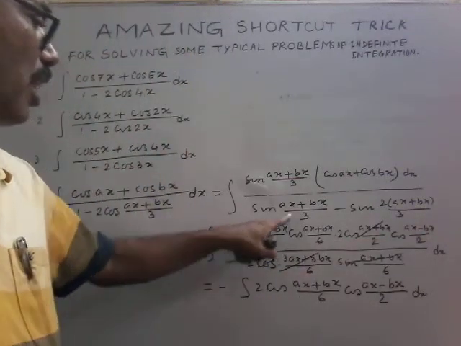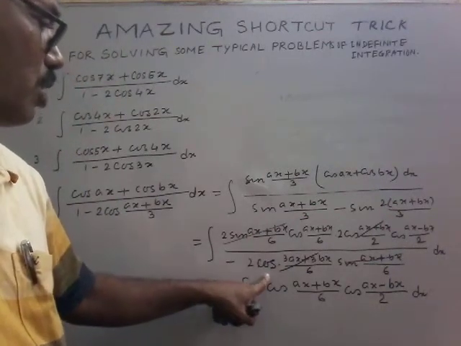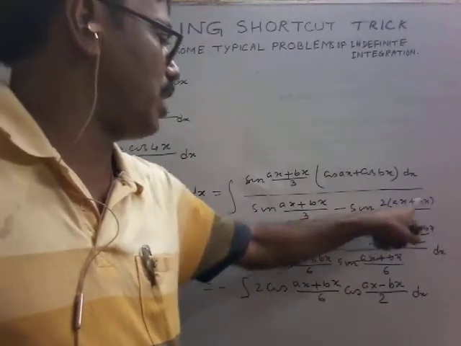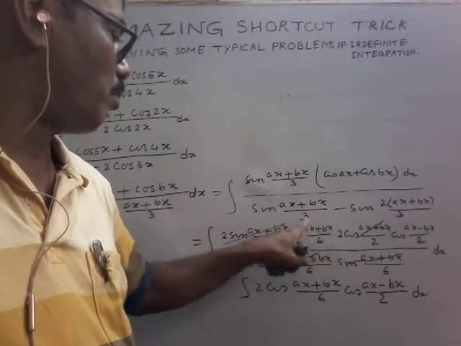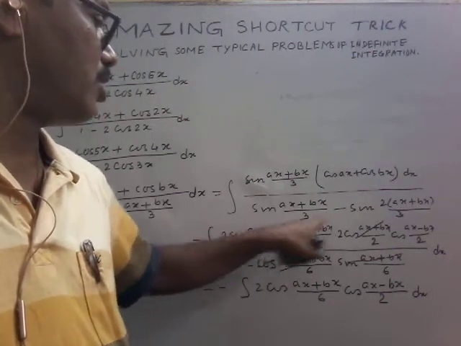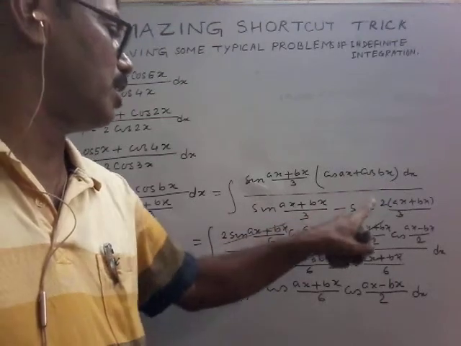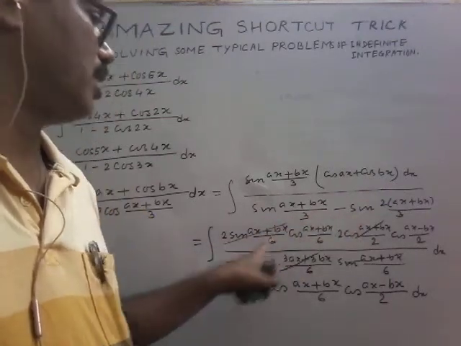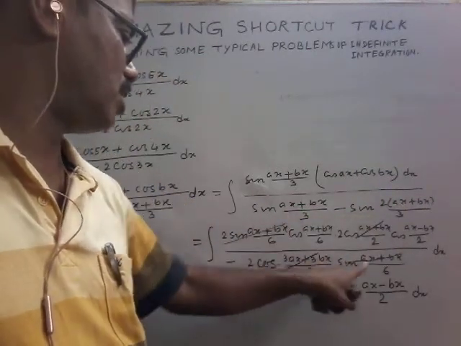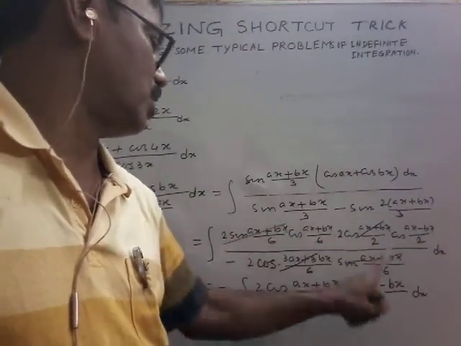And here sin C minus sin D, so we know this is 2 cos of the sum of the angles by 2: 2x plus x, 3x, 2bx plus bx, 3bx by 3, and then dividing by 2, so that is 6. And it is D minus C, but we have taken minus, so this is C minus. Look, we have taken minus here. So if we take 2x minus ax, this is x, 2bx minus bx by 6.